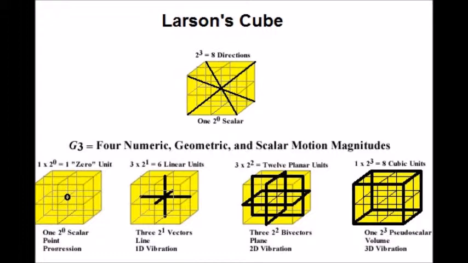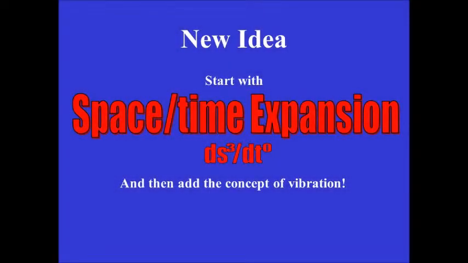Whereas time, how many directions does time have? Just one. It just increases. Time is 2 to the 0, which is equal to 1. So, man, that's amazing. Now remember, we're fiddling around here, see? So we could come up with a new idea. We could start with this space-time expansion.